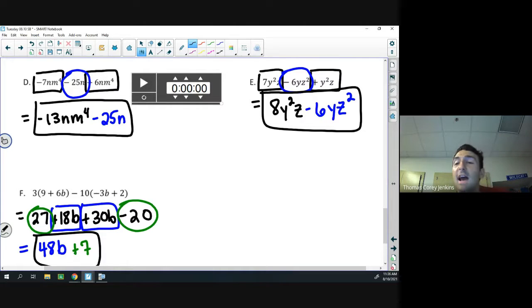All right, so guys, look them over real quick. Look over D and E because we haven't talked about those yet, but they're up there. See if you have any questions here. I will tell you, if you didn't get 48B plus 7, 99% of people who kind of know what they're doing but mess up will mess up on this term, right? Well, maybe both of these terms, right?